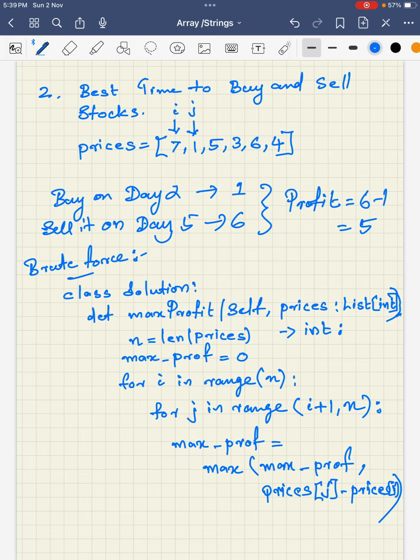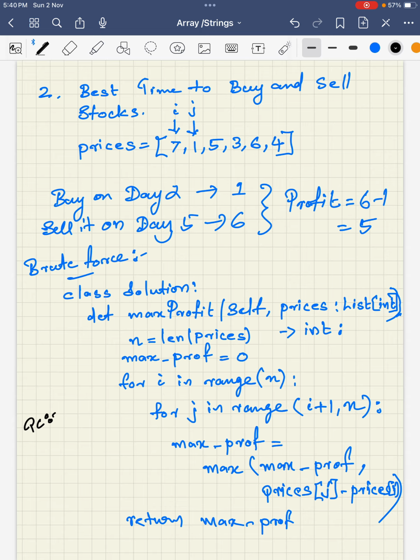So once prices of j minus prices of i gets bigger than the maximum profit at that current instance, this variable will get updated, and at the end, as per the problem definition, we need to return the maximum profit variable.